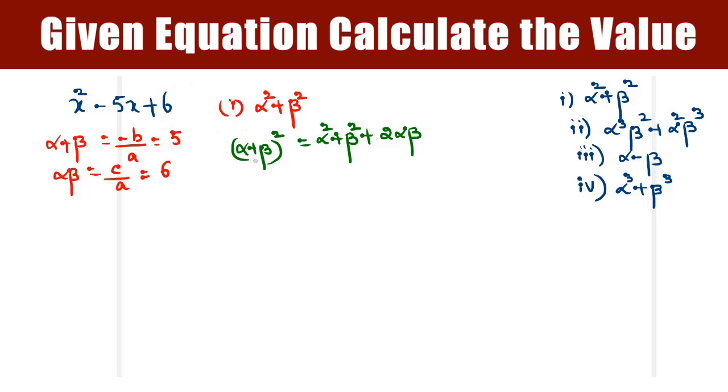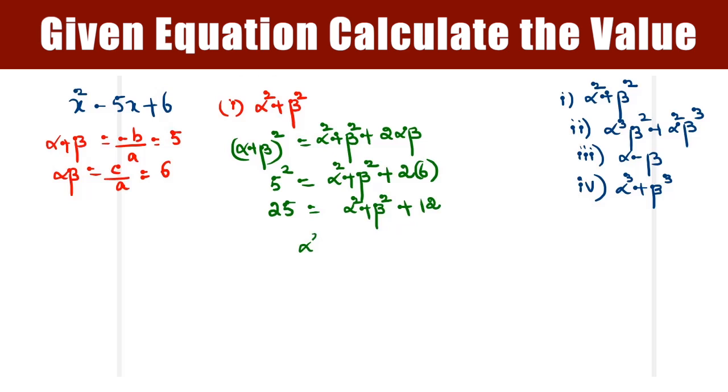The value of alpha plus beta is 5, so 5 square is equal to alpha square plus beta square plus 2 into, we calculated alpha beta to be 6. So 25 is equal to alpha square plus beta square plus 12. I'm going to take the 12 to the other side, which means alpha square plus beta square is equal to 13. Now this is about the first subdivision.